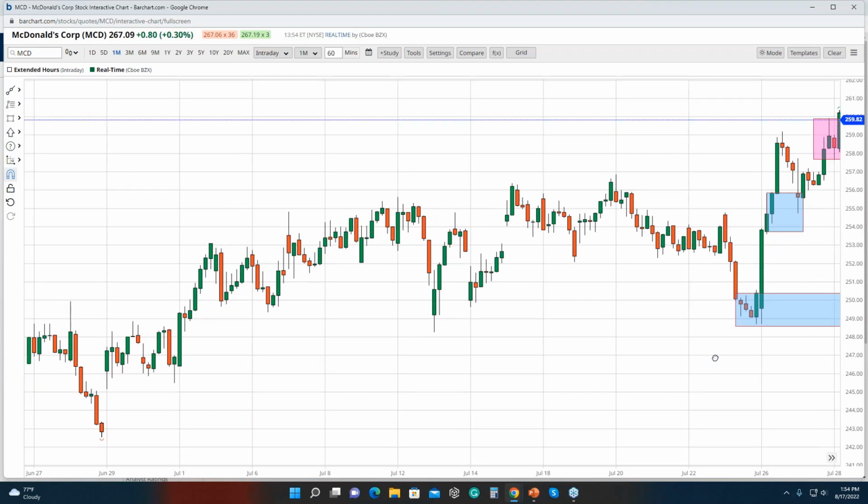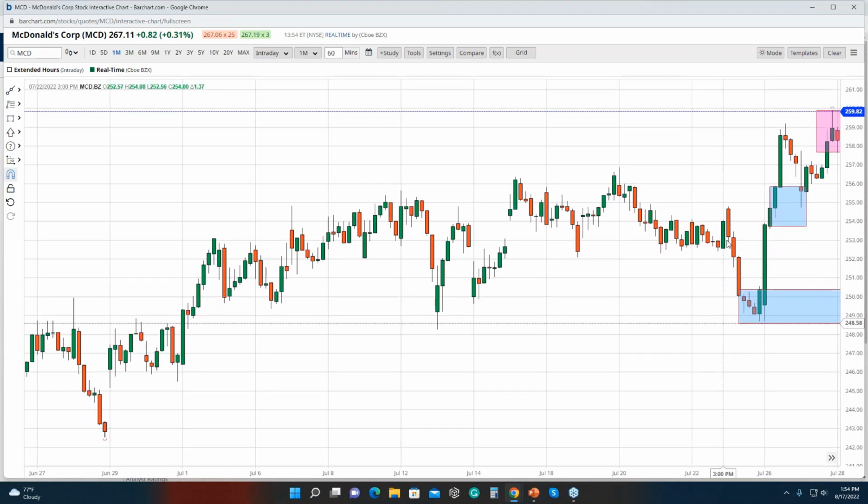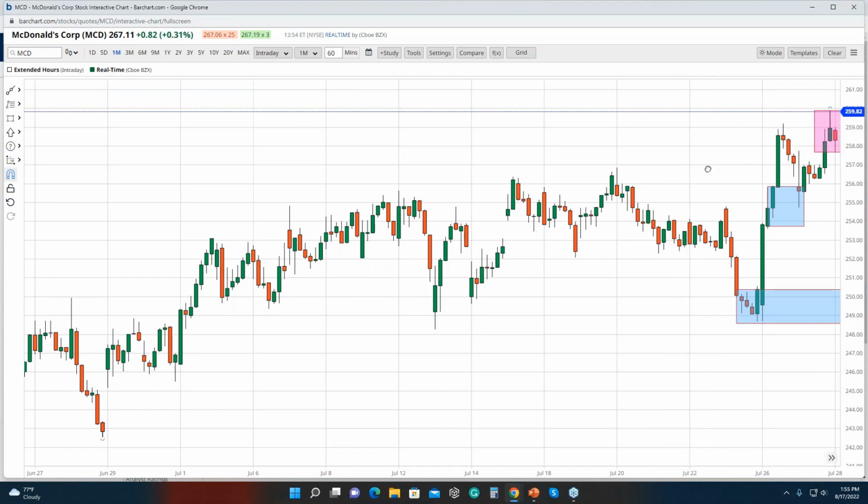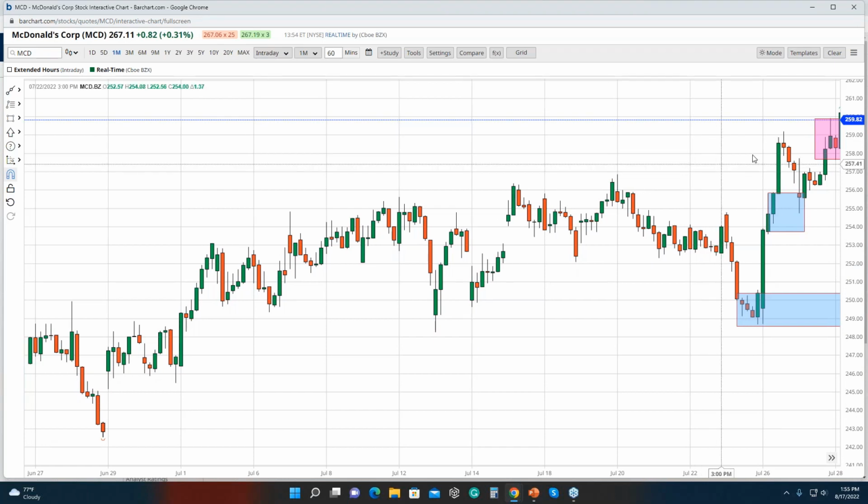Now, at this point, what we could talk about is we're now up against an area of resistance, which might be a potential breakout trade, right? And so how do I define a breakout trade? Well, I want to see price get above an area of resistance or a most recent high. And you can see it came up here and tested that, and that's telling me we're getting poised to break out.